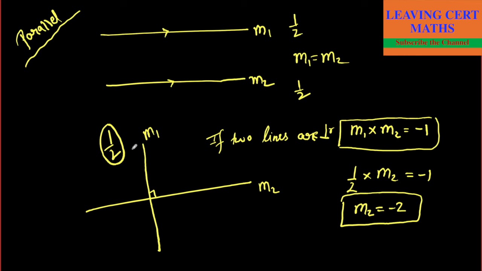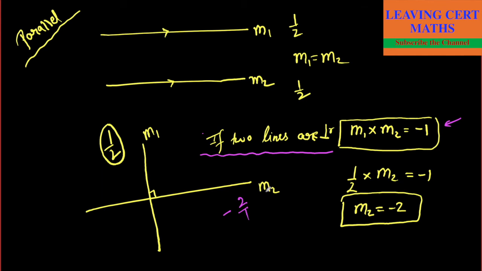If you switch this, you will get 2/1, and change the sign, so -2. This is a short trick you can remember, but always remember that the first condition is that the two lines are perpendicular; only then can you do this switching.